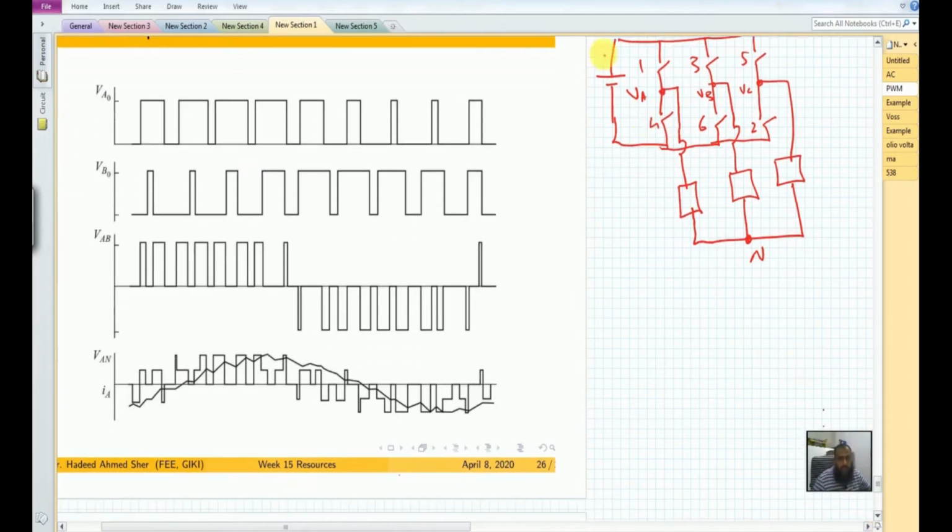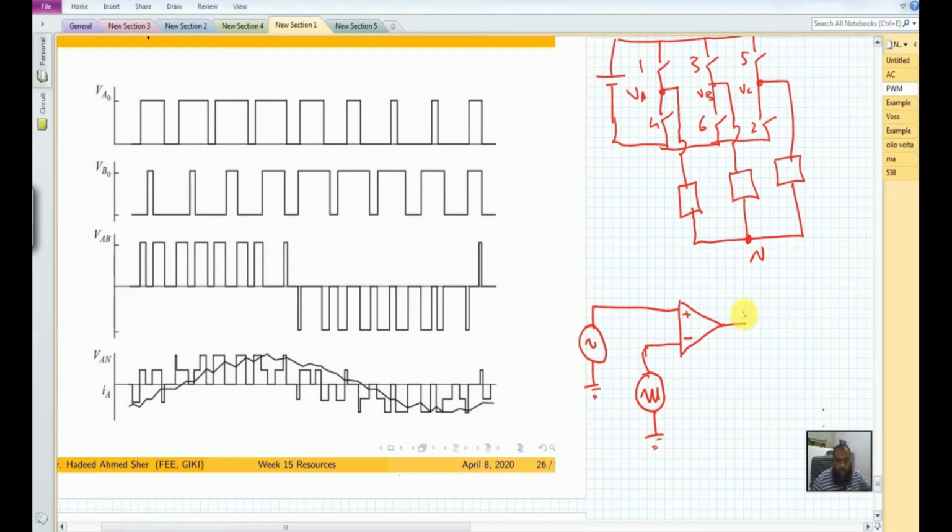Now what is this VA0? VA0 means that we need to develop a scheme where we have a sinusoidal source that is compared with a triangular waveform. So this is the high frequency triangular waveform, and this is the comparator here.